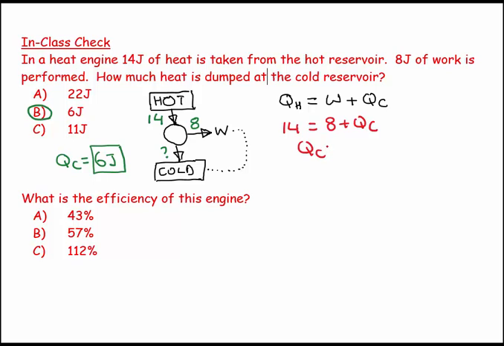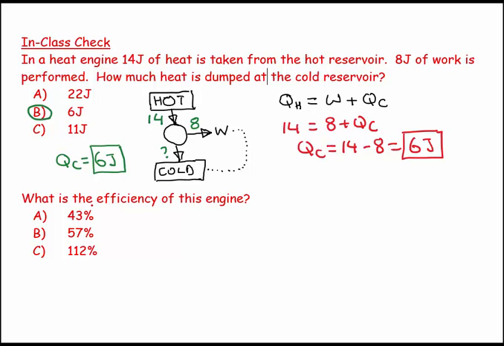So Q cold is equal to 14 minus 8, which equals 6 joules. And I get the same answer. It's the same thing, of course. My schematic representation mirrors the equation, or the equation mirrors the schematic representation. So there we have the first part done.